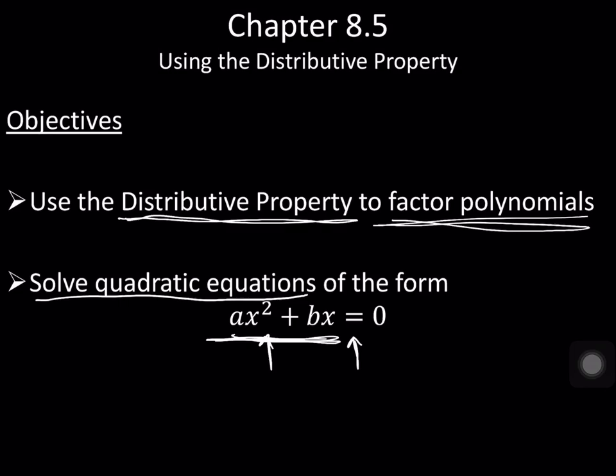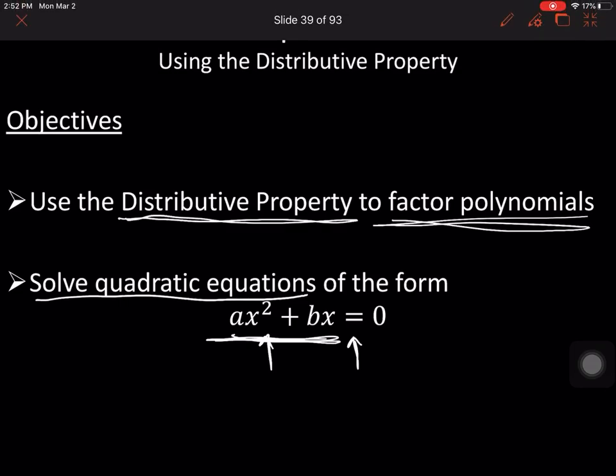So before we jump in here, I want to remind us of what the distributive property with a monomial times a polynomial did for us. So let's take 2x and let's multiply it times x plus 2. Okay, this is what we've done.